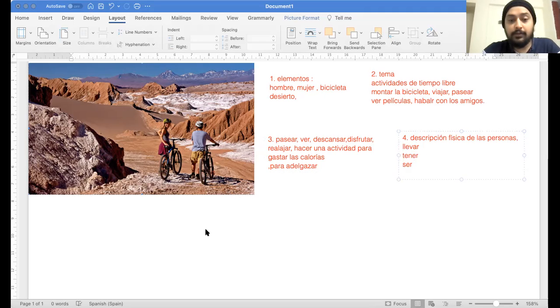In the fifth point, you can also mention the personal opinion. En mi opinión, these types of sentences. Yo pienso que, creo que, right? Creo que.